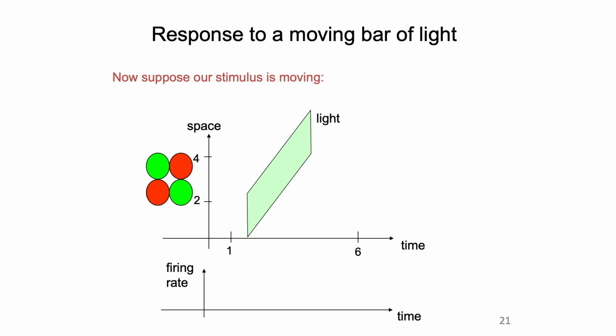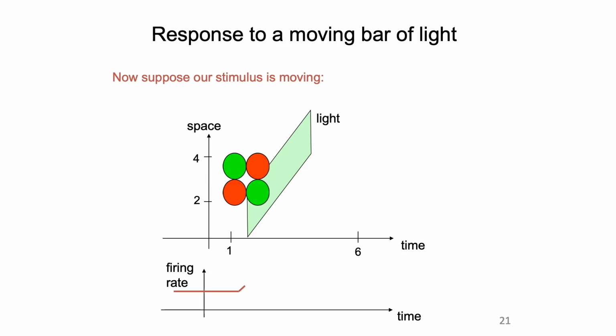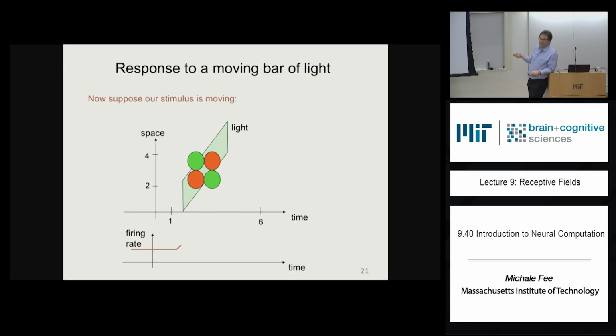Okay, so let's walk through it. There's a little bit of overlap there. So the neuron firing rate's going to start going up, but then as it goes further, this light is now activating those inhibitory lobes, which is going to have a negative contribution, right? So when you take the product, you're going to get lots of negatives there.